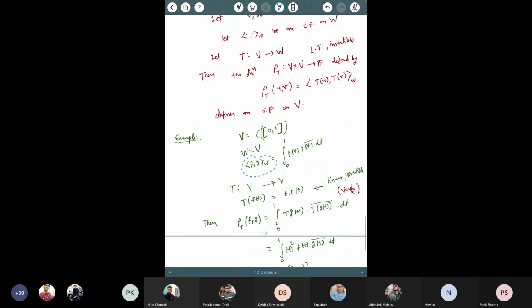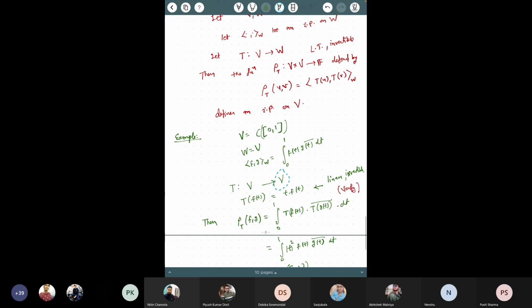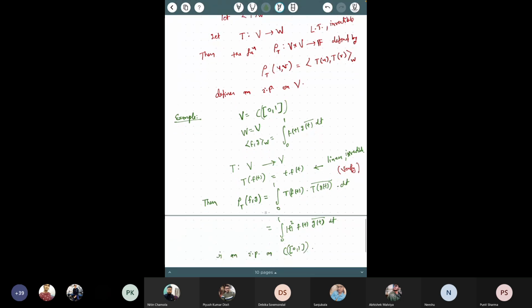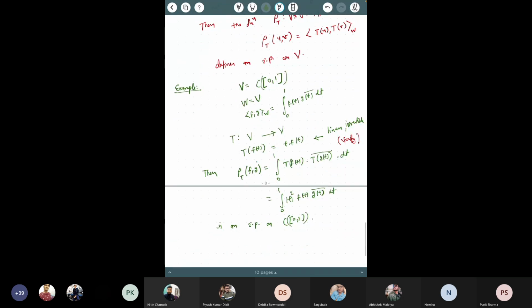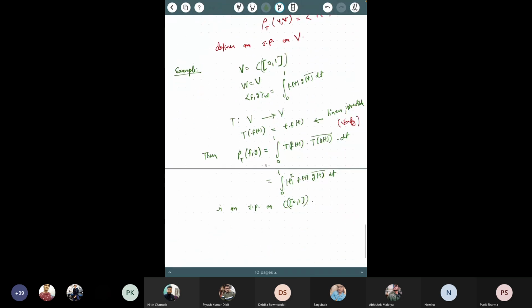For example, you have an inner product, you have a linear transformation from V to W, W is V here, and this linear transformation should be linear and invertible. So everything is fine here, and therefore this function defines an inner product. So you have another inner product on this V. This way you can just change the transformation, and you can define an inner product on a given vector space.